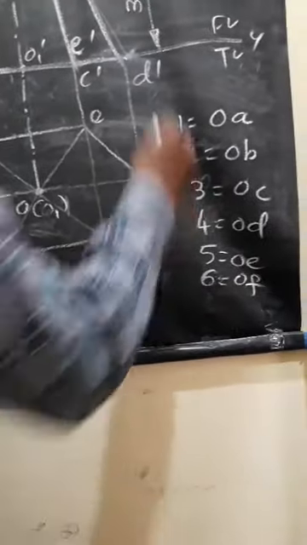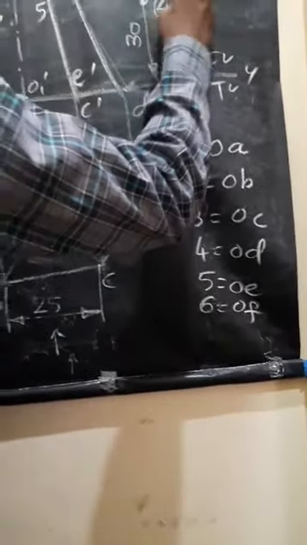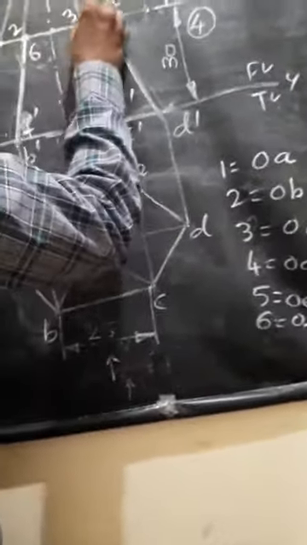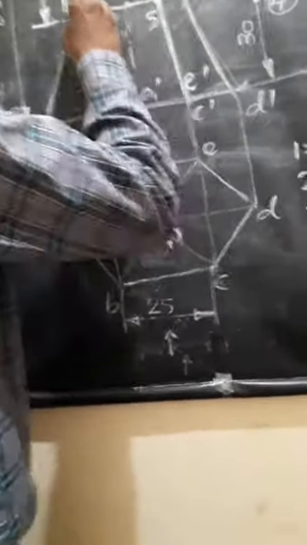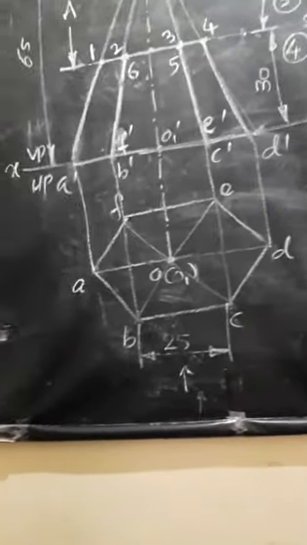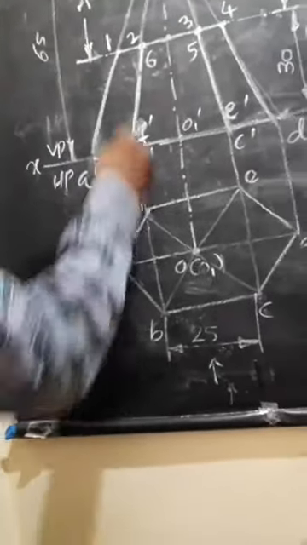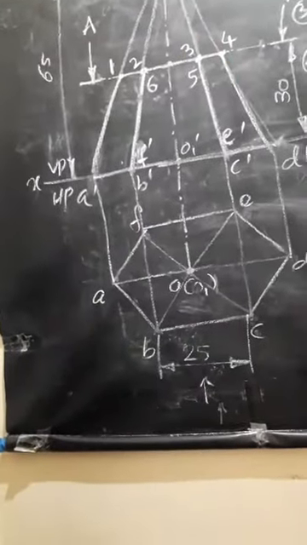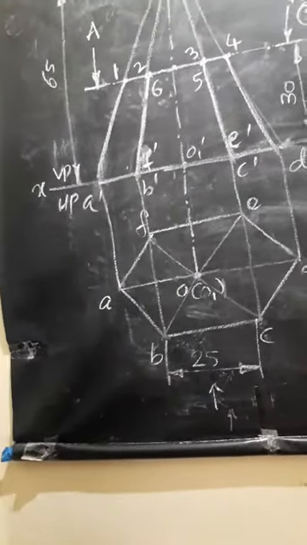Now step number 4 is to transfer these section points 1, 2, 3, 4, 5, 6 to the other view, that is the top view, by drawing vertical projectors, perpendicular projectors.